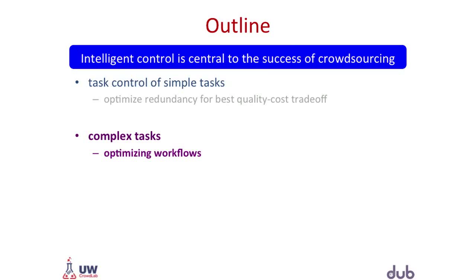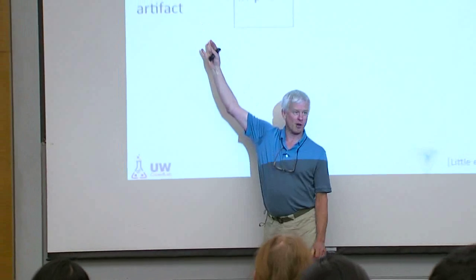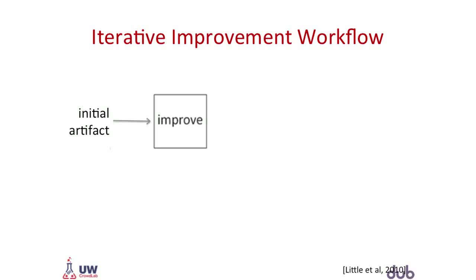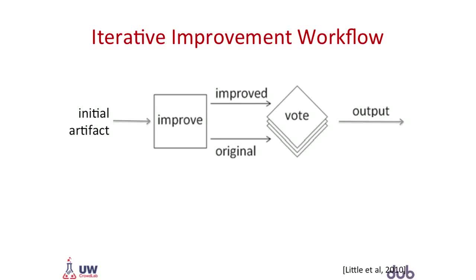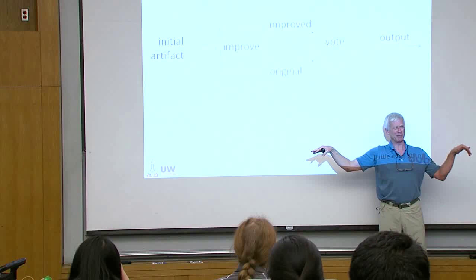So here is something called the iterative improvement workflow developed by Greg Little at MIT. It basically says, let's start out by asking a worker to create an initial artifact, and then we're going to send that out to the crowd and ask a new crowd worker to improve that artifact. Then we're going to take the new and the improved artifact and see, did that worker actually make it better?